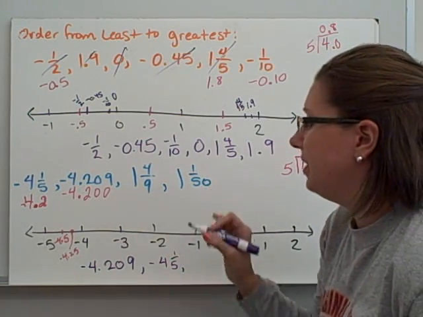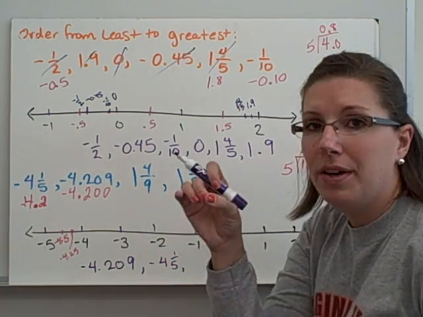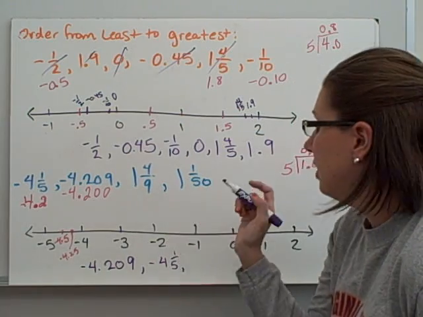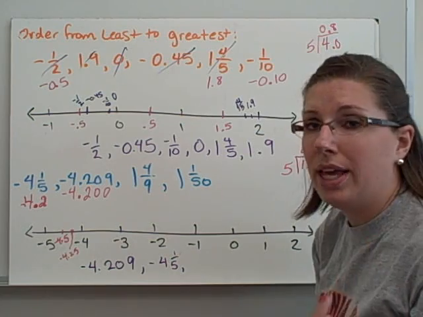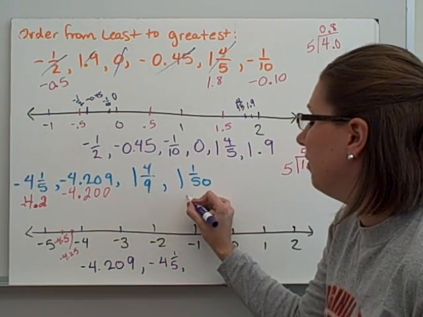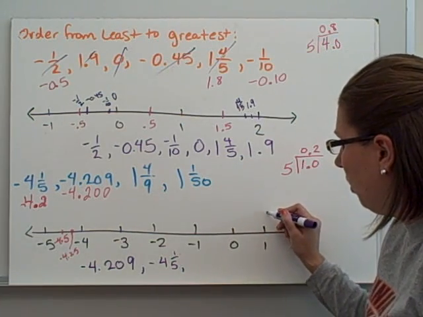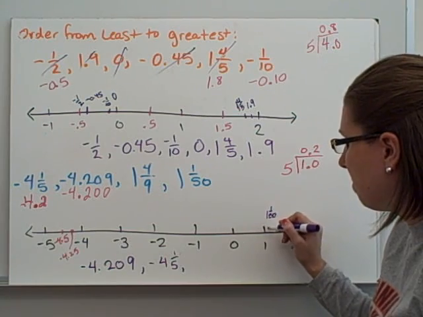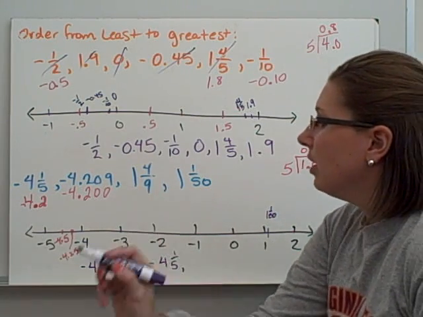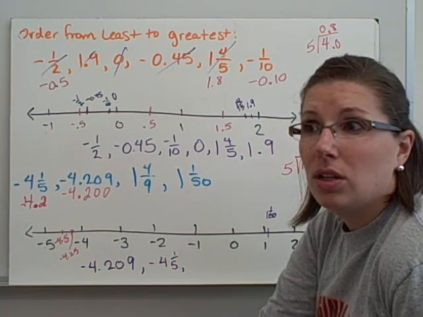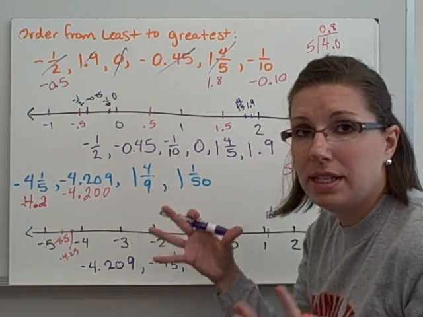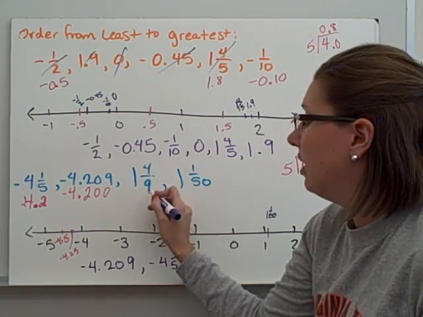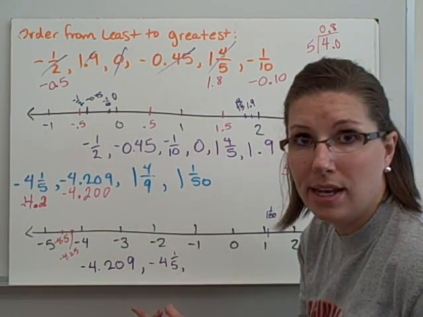1 1/50. 1/50 is a very, very small fraction because I've chopped whatever I have into 50 little pieces and I only have one of them. So that's very, very close to 1. Then 4/9. 4/9 is really close to 1/2. I've chopped whatever I'm using into 9 pieces, and I'm taking 4 of those pieces.